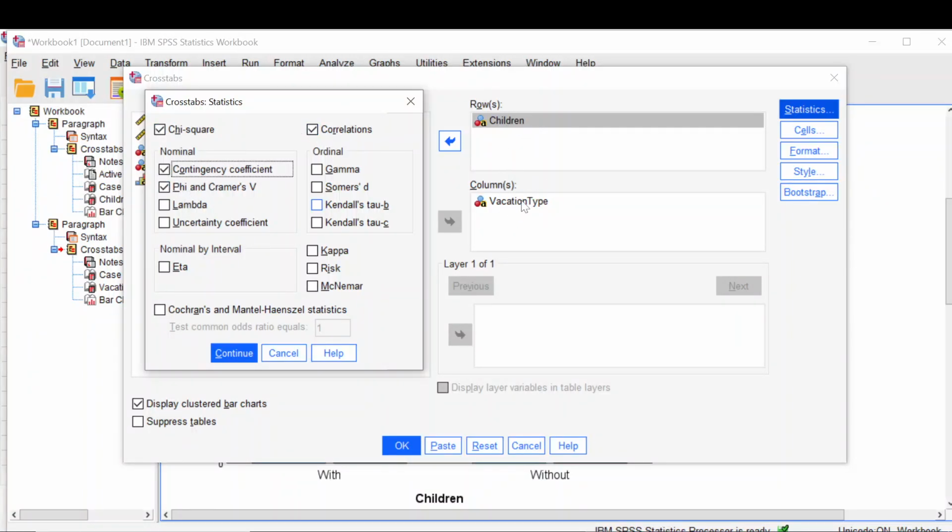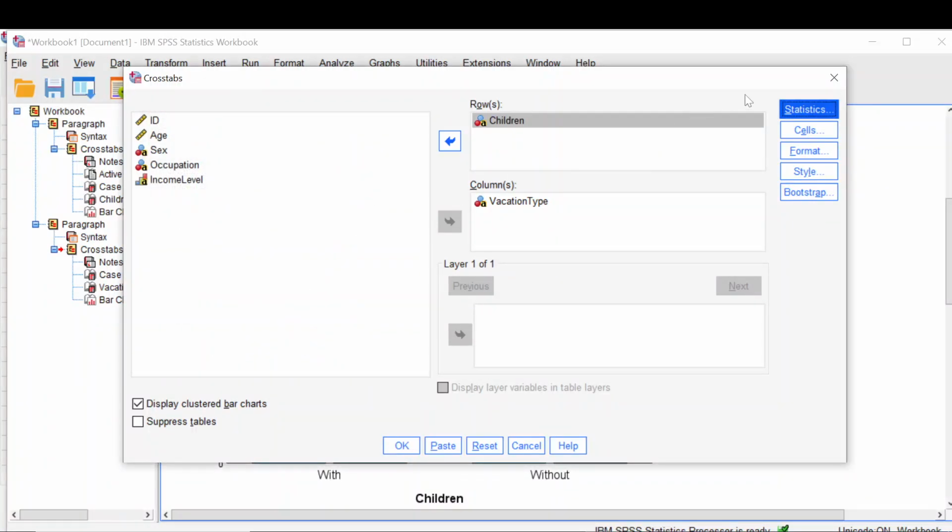If there were 3 vacation types and 2 children, it becomes a 3x2 table, and anything above a 2x2, we analyze Kramer's V. Well, the good news is that it will give you both at the same time, so you just select that checkbox, and it'll make sure it includes both of these. Okay, we'll hit continue. Next, we'll go down to cells.